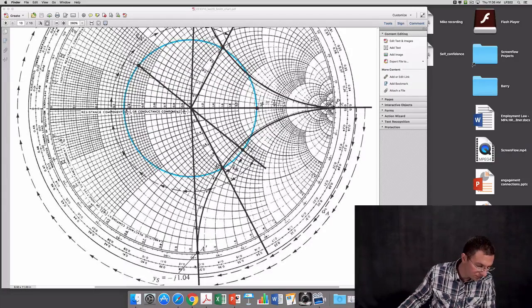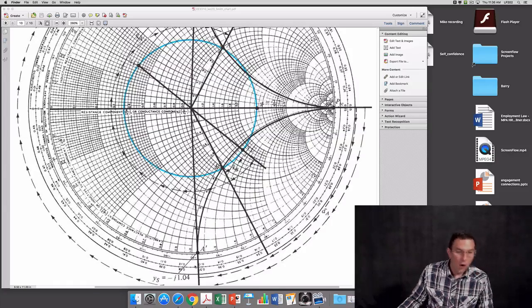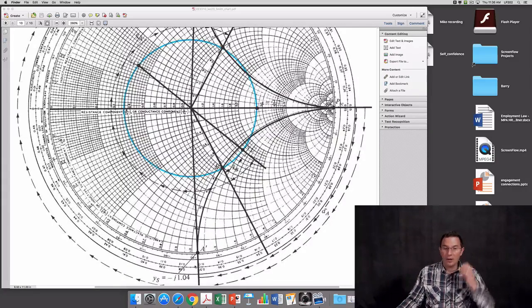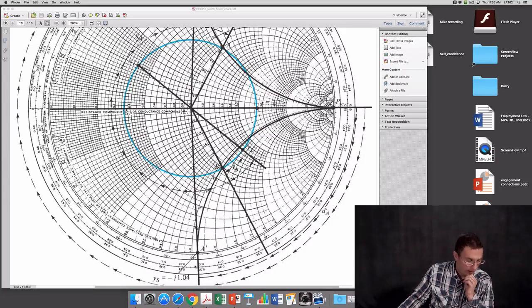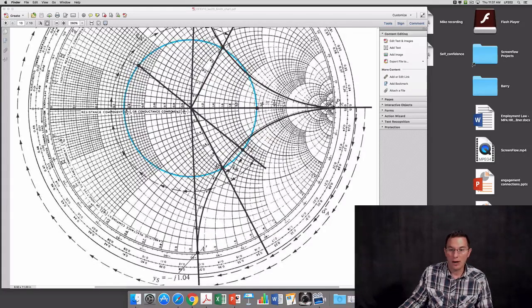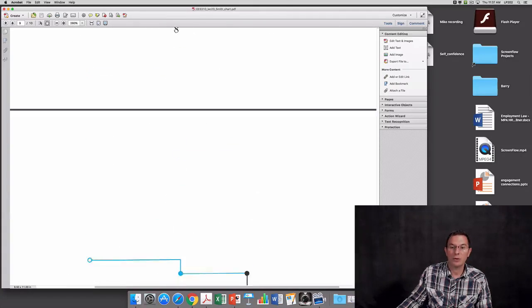Okay, so the required stub admittance is basically the normalized stub admittance right here. To unnormalize it, we simply multiply by y naught. Let me go back up here and show you the equations.